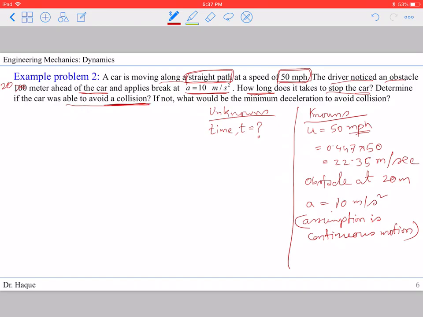So the driver applied the brake, but will the car stop before hitting the obstacle, which is 20 meter away? So collision or not. This is the second question. And if not, what would be the minimum deceleration to avoid collision? This is the third question, how to avoid collision.